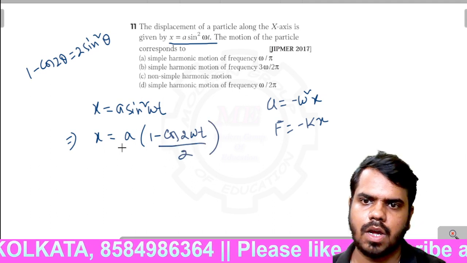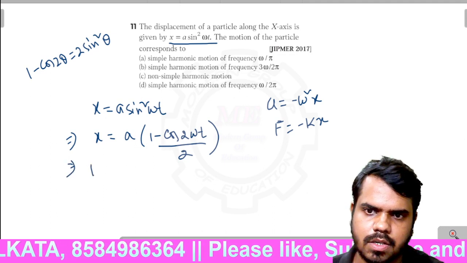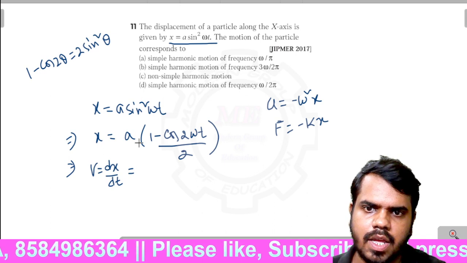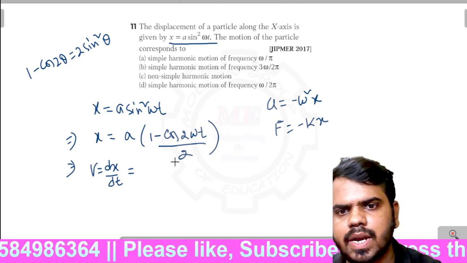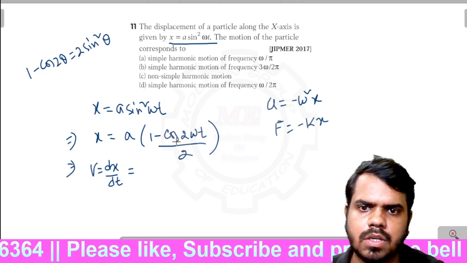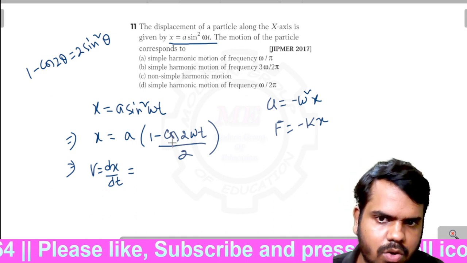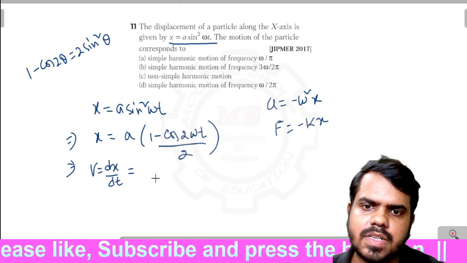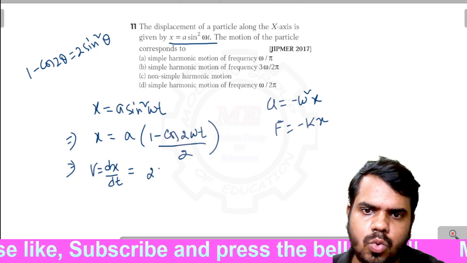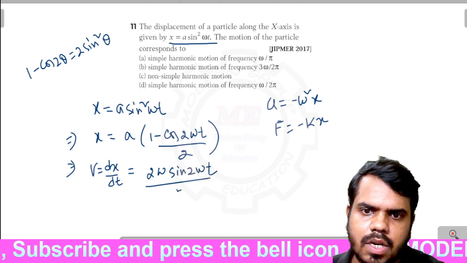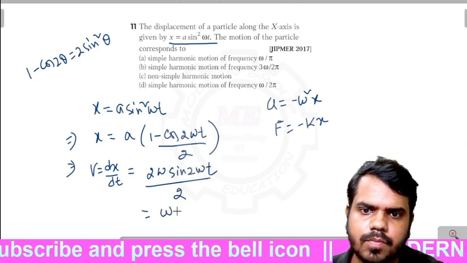Now you have to differentiate dx by dt. Differentiating a by 2, which is a constant, gives 0, and the differentiation of cos gives a minus sign, so minus minus plus 2 omega sine 2 omega t by 2, that means omega sine 2 omega t.